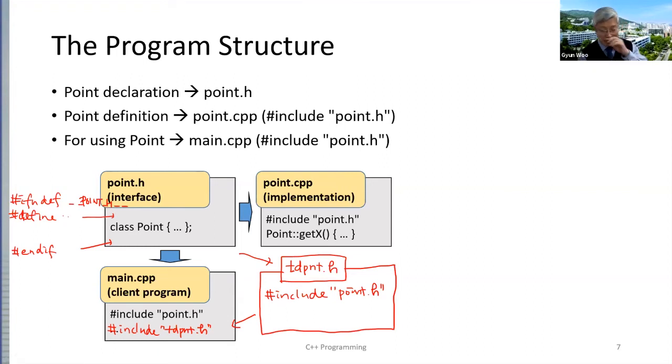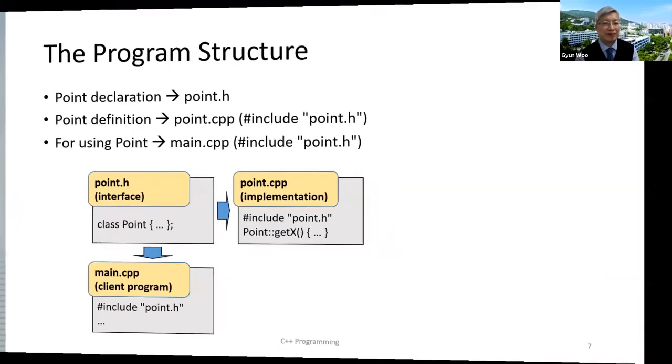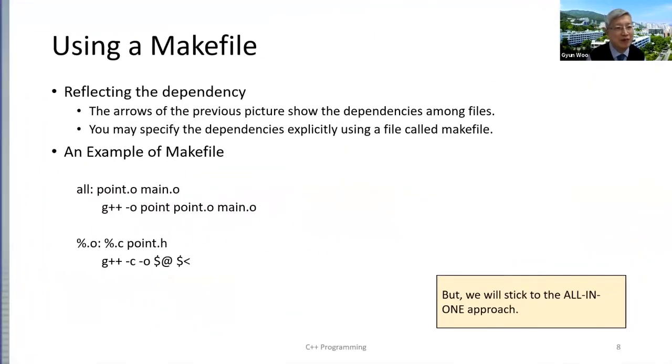So anyway, you are making several files, so you want to use a makefile reflecting the dependency. The arrows of the previous picture show the dependencies among files, because your point.cpp needs point.h, your main.cpp needs point.h. Those dependencies can be specified using a makefile. So your target all depends on the object files.